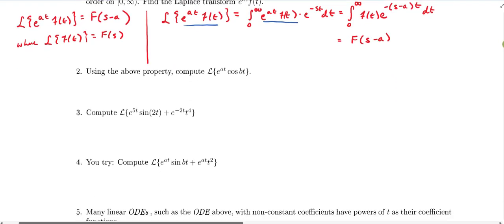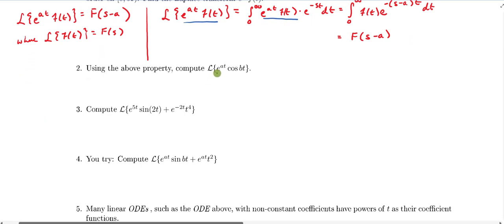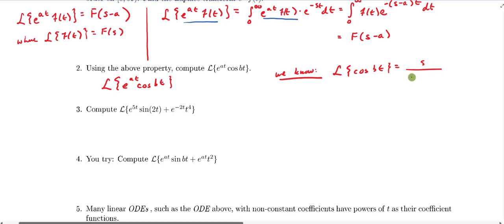In this problem, we'd like to compute the Laplace transform of e to the at cosine bt. We know that the Laplace transform of the cosine of bt is simply s over s squared plus b squared.